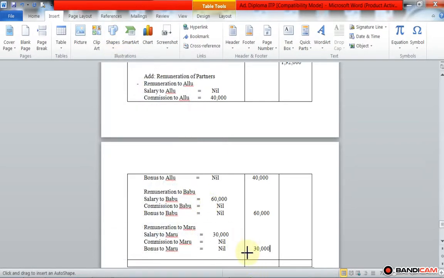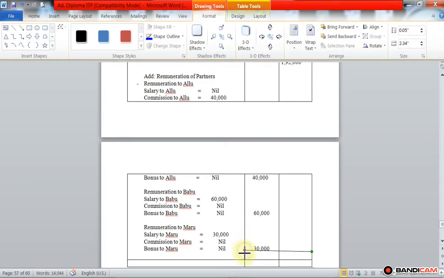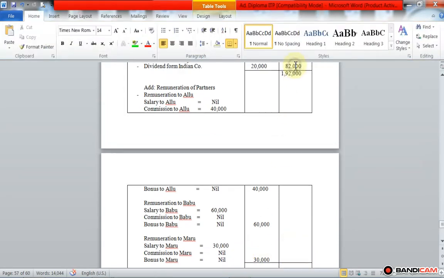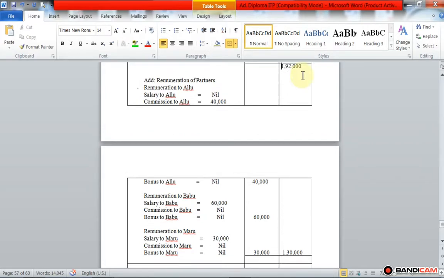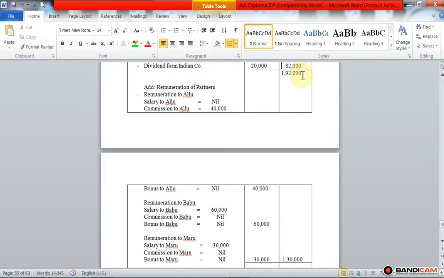So 40 plus 60 plus 30, that is 1,30,000. So add this 1,30,000 to 1,92,000.